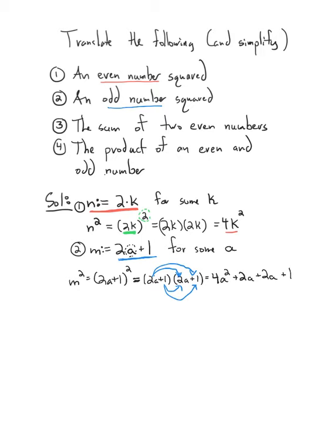So these two were 2A times 2A plus 1, and then these two were 1 times 2A plus 1. And then we can simplify this, combine our like terms. We get 4A squared. 2A plus 2A is 4A plus 1. So that's great.